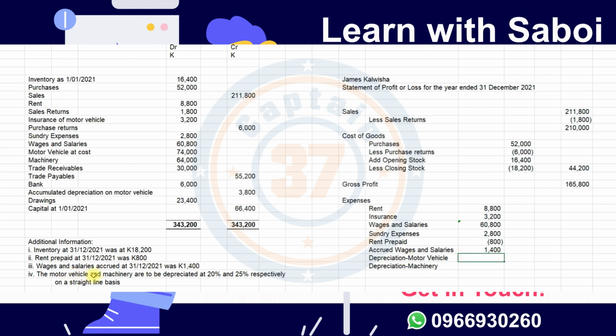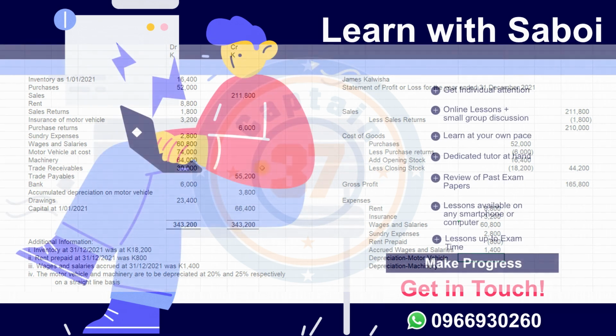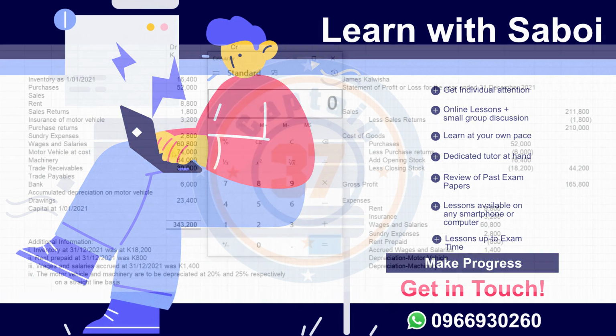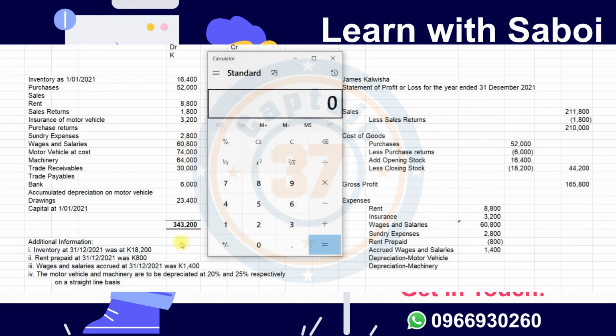So we are told that the motor vehicle depreciates at 20%. So what is the value of the motor vehicle? The value of the motor vehicle is 74,000, depreciating at 20%. So I'll pull out the calculator right here. 20% is 20 divided by 100, right?